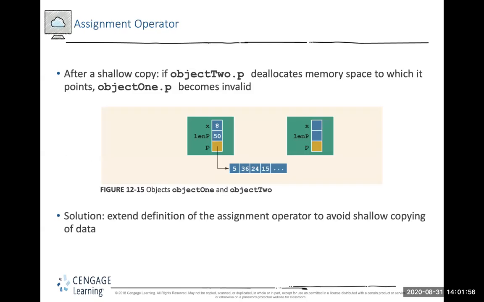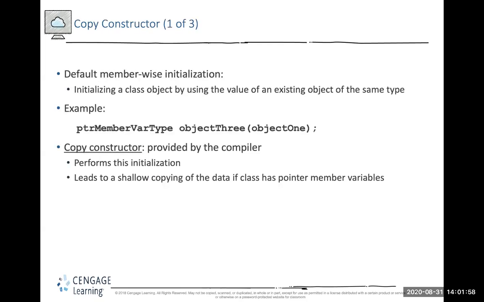The example is right here. You want to create a new object of a class pointer member var type called object 3. Here you're initializing it with object 1. When you do it this way, by default, it's going to be a shallow copy unless you customize that behavior.